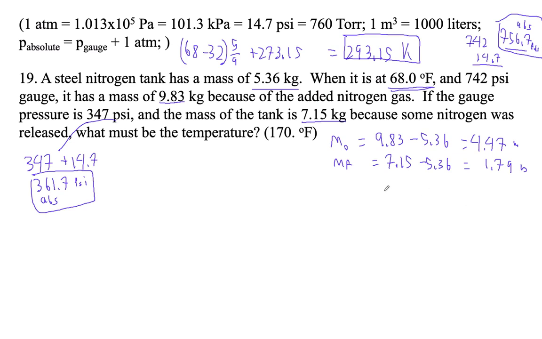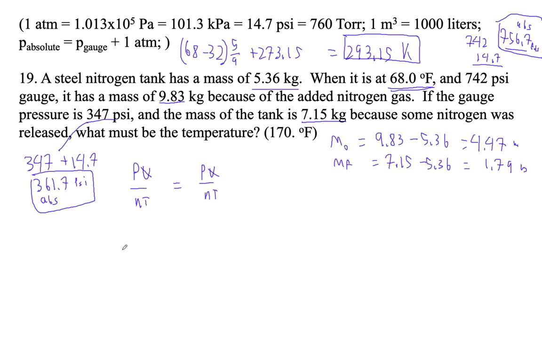Now let's see. I think we assume the volume stays the same for this. So PV over NT equals PV over NT. The volume stays the same, but pressure and temperature are changing and the number of moles is changing, right?